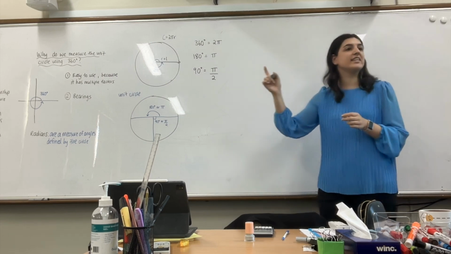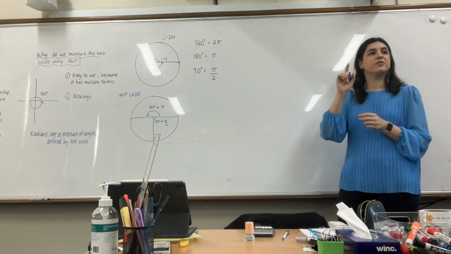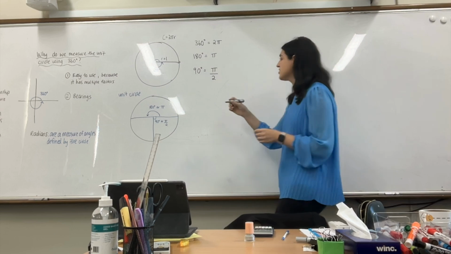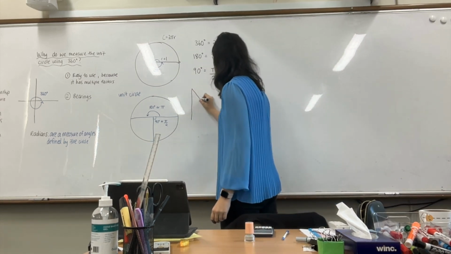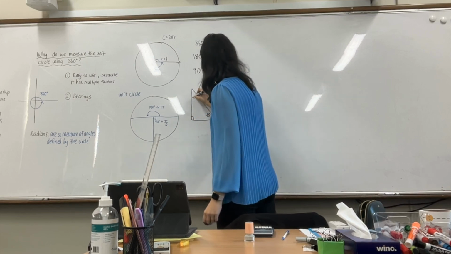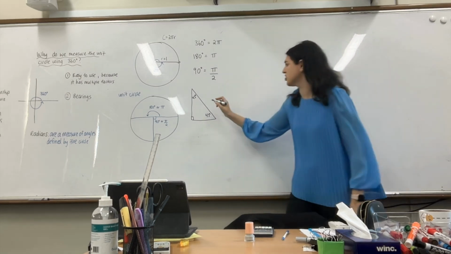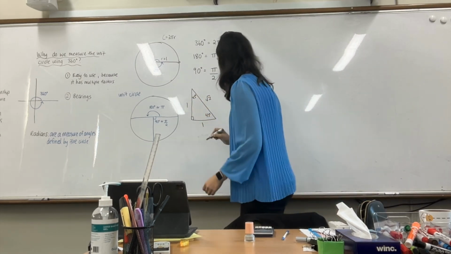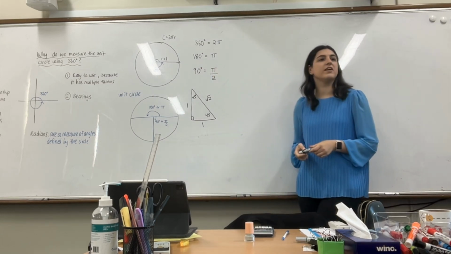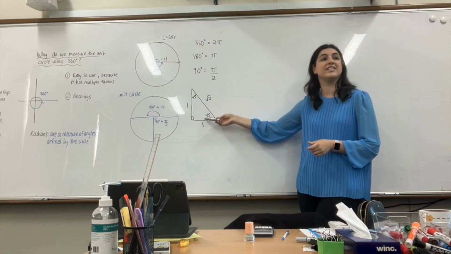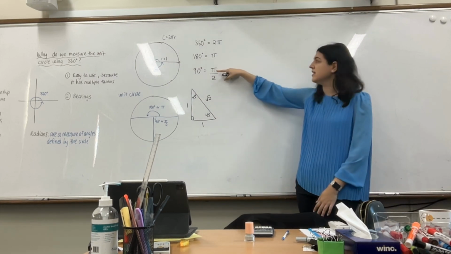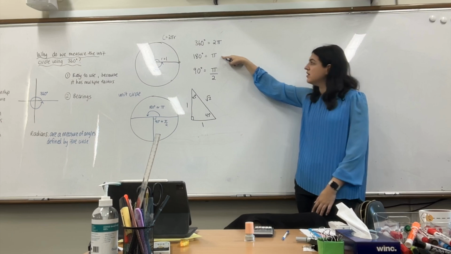The next thing I'm going to do is, on your reference sheet, the special triangles are in degrees. You also need to be able to recognize them in radians. So let's start with the 45-degree one. That's what we're familiar with, and I'll mark it like so. Now, the best way to think about what 45 degrees is in radians, notice that with 90, it was half of 180. You can think about it in two ways.